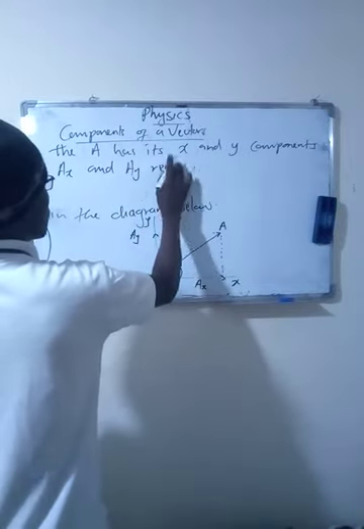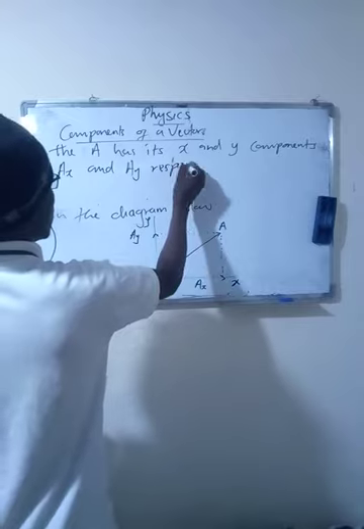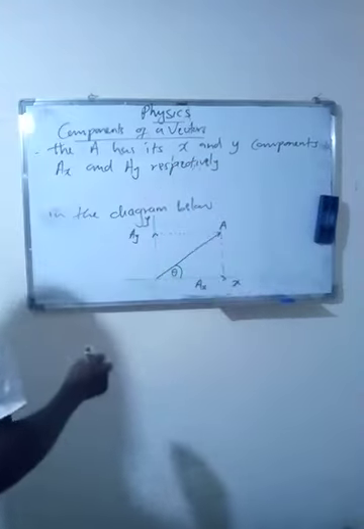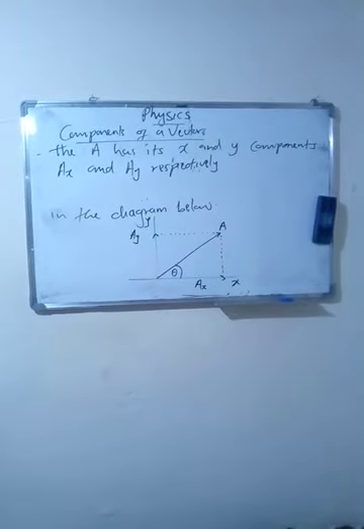So the x component of this vector A is ax and the y component of the vector A is ay.